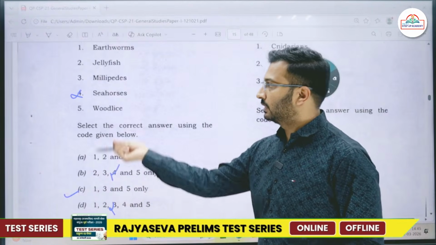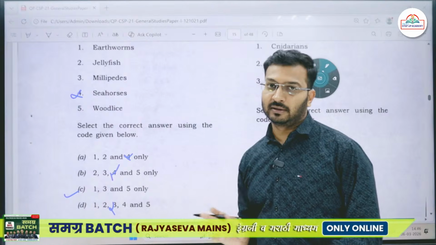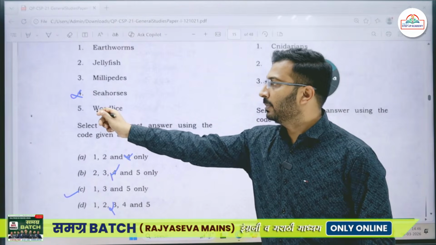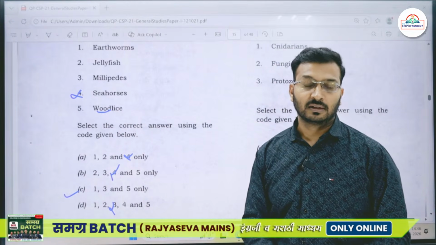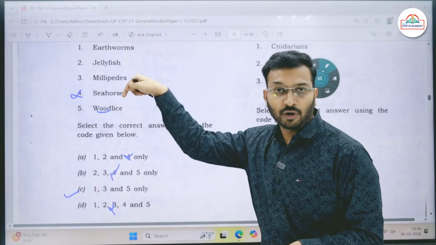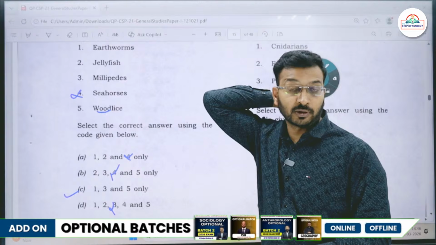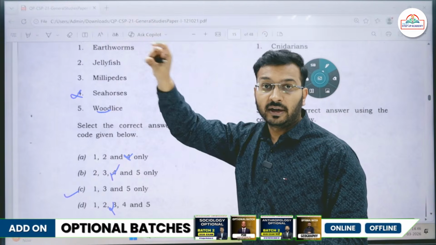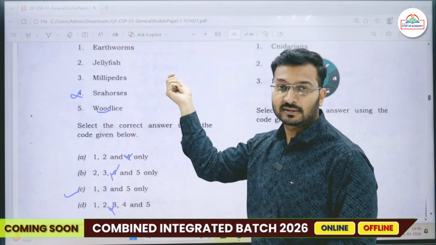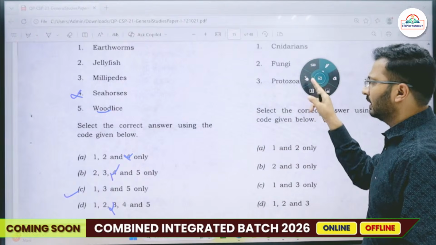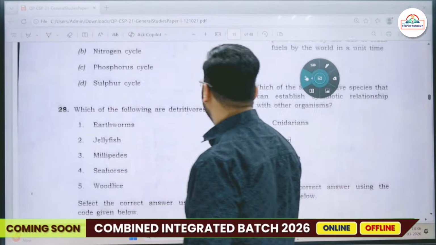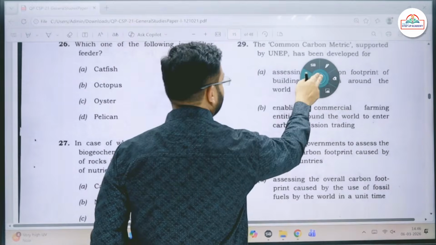I am not aware of 3, still I am getting the answer. The clue is in the name, wood lice. That's why I mentioned hedgehog: it was there within the name itself, protecting itself. Here, wood lice. Read the question very carefully. Most of the time you'll get the answer from the question itself.